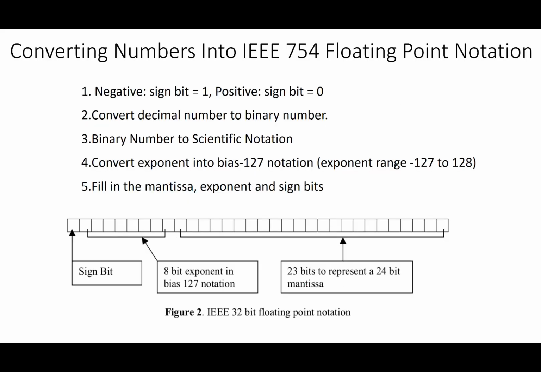And so the way that we convert numbers into this IEEE 754 floating point notation is, first of all, we look at our number and ask, is it a negative number or a positive number? If it's a negative number, we're going to put 1 in for the sign bit, and if it's a positive number, we're going to put 0 in for the sign bit.